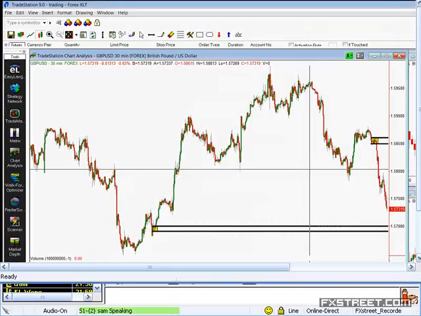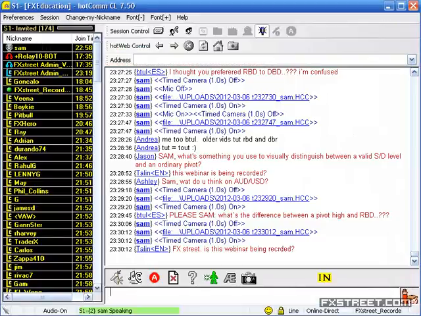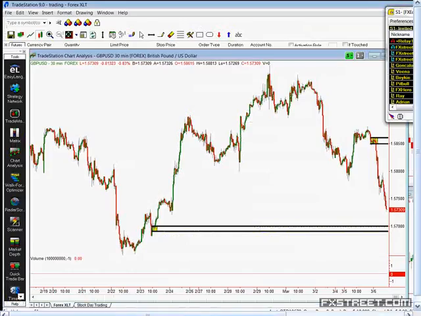When you say pivot high or rally base drop, no difference there. Just make sure you go down into that pivot and look for a base. But there's a big difference between the pivot highs and lows and the fresh levels. So there's the 30-minute chart, and we've got those levels drawn in there. Those are pictures that help us identify where the banks are buying and selling.